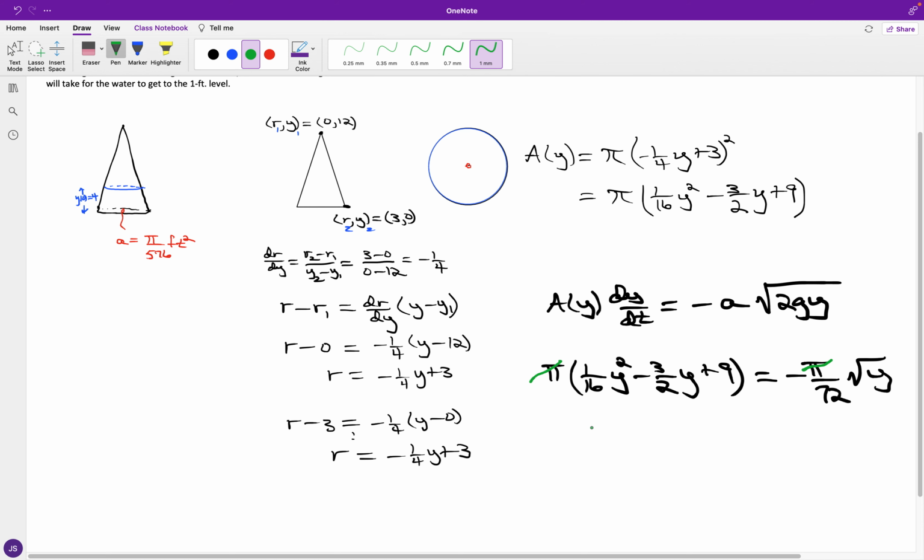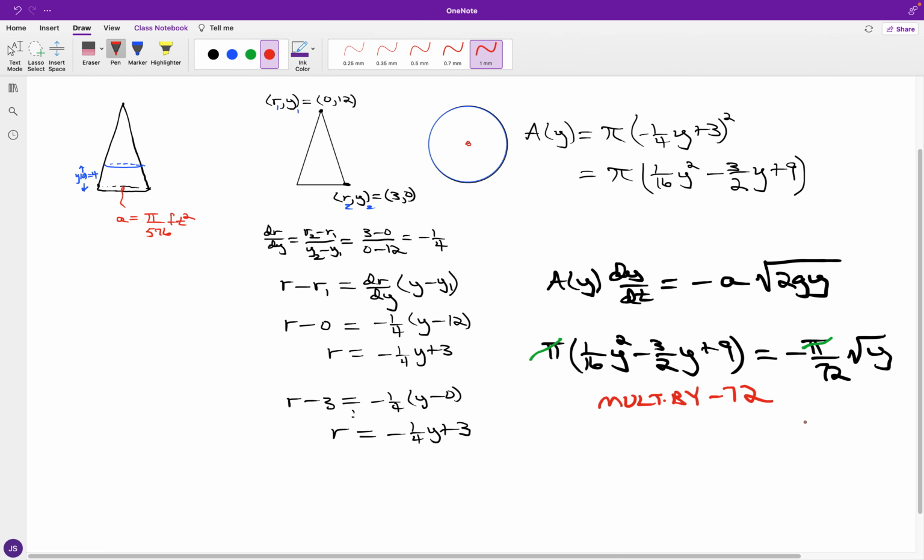And if I multiply by negative 72, and that is so as to get out of the fraction on the right-hand side, we're going to have negative 72 over 16, so it'll be negative 9/2 of y squared. Negative times negative is a positive, so that is going to be plus 108y.